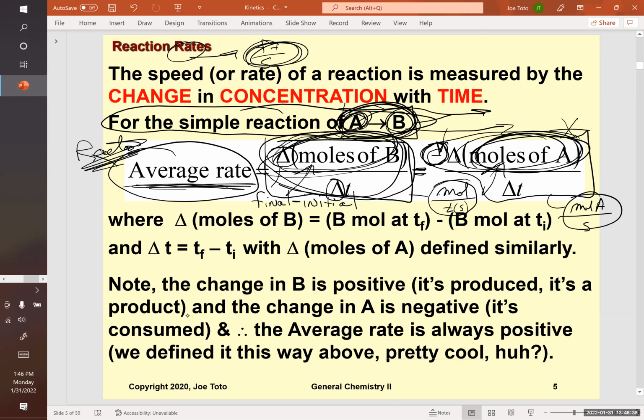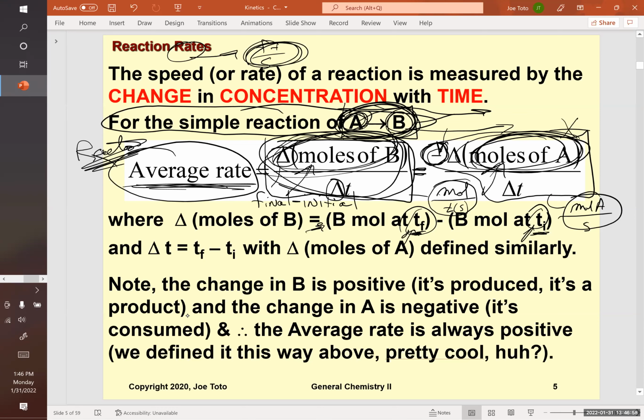The deltas are always final minus initial. So one goes up, so the final is greater than the initial. One goes down, so the final is less than the initial. So you get a negative value for that case out here.